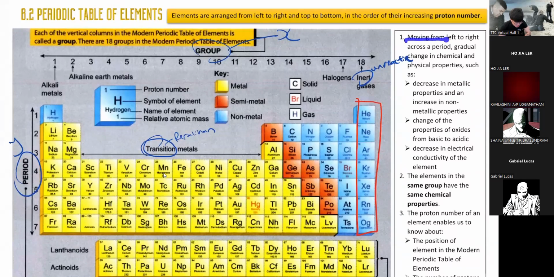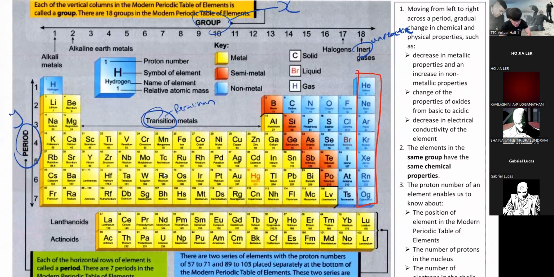So moving from left to right across a period, there is a gradual change in chemical and physical properties. For example, from left to right, what happens? Decrease in metallic property. They are becoming less and less metal. They go from metal to half metal to non-metal. Change in the properties of oxide from basic to acidic.